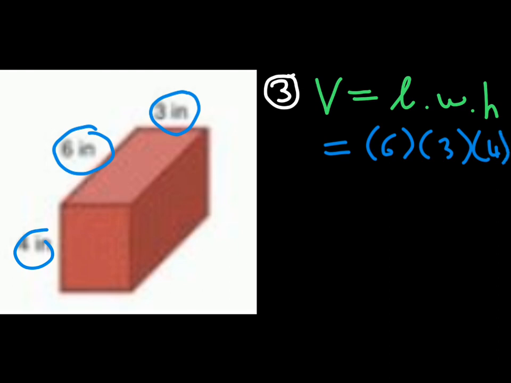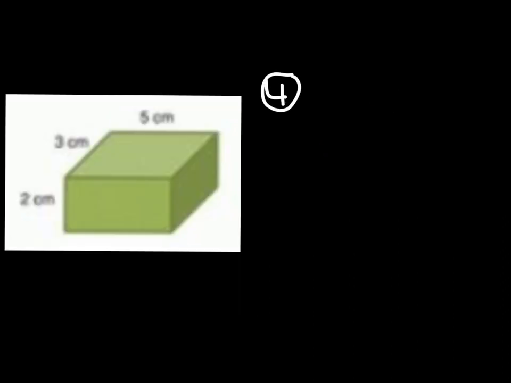We can multiply all of these together, and this should give us 72. And once again, remember, we are working with inches, and because we have 3 dimensions, it will be inches cubed.